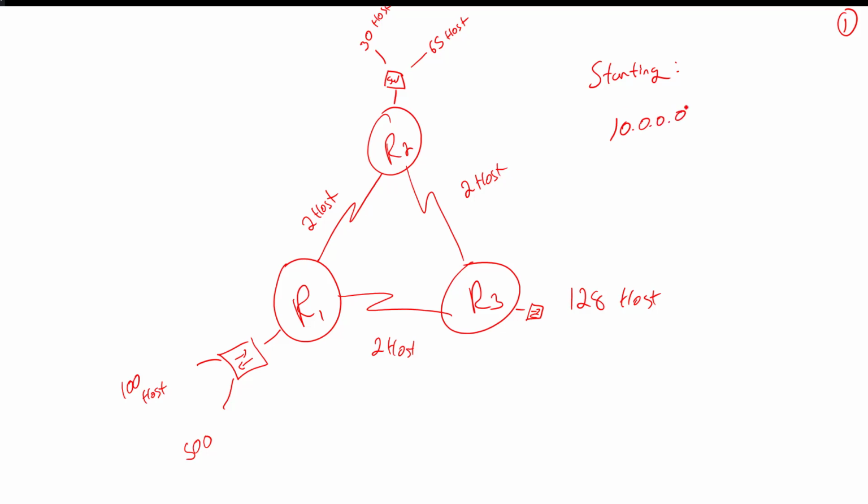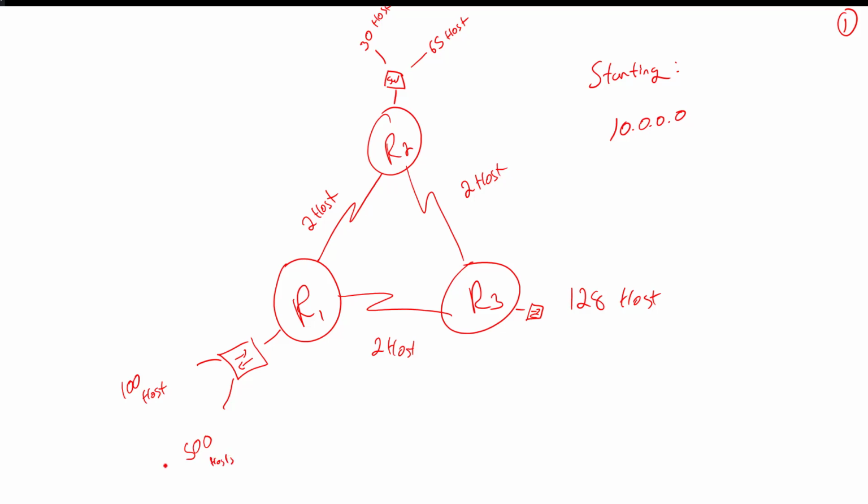And again, the starting address can be anything you want. If you're doing public, then it might have to be a public address base. If you're doing private, it could be any private address range that you want. And then again, we're going to be subnetting our network into these hosts. I forgot to write the word hosts.